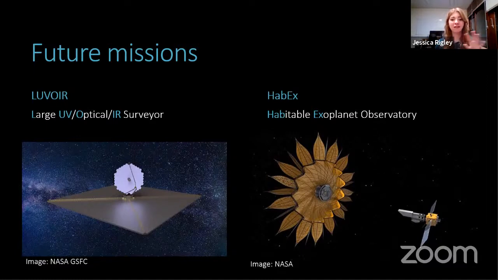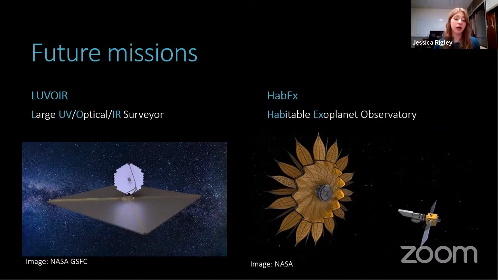And so we have these two mission concepts for NASA, which would hopefully one of them might go up in the 2030s, although we don't really know yet. And so this first one is LUVOIR, the Large UV Optical Infrared Surveyor. So both of these would be space telescopes because we need to go to space for this.